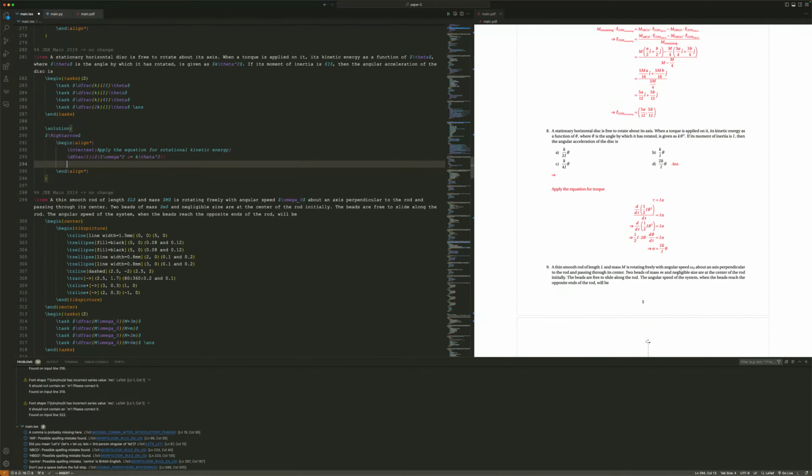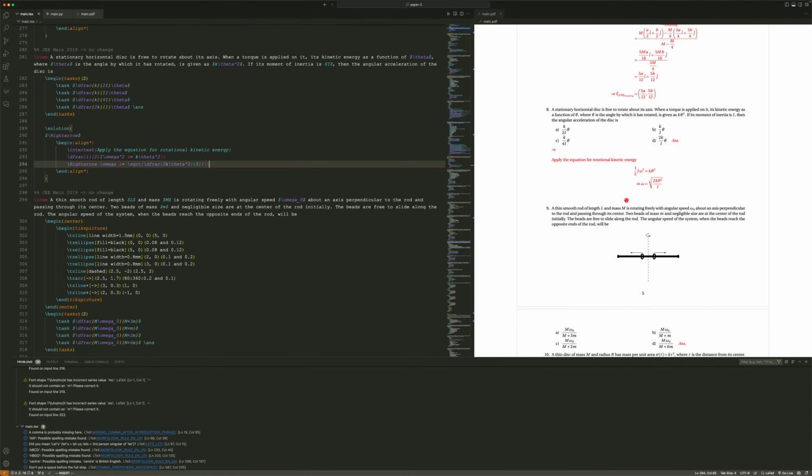Yeah, it's right. And let's complete this one and see what we are getting. So yes, it's doing right, but I don't want omega. I think we just have to differentiate the both sides. It will cancel some terms, and this will solve the problem.